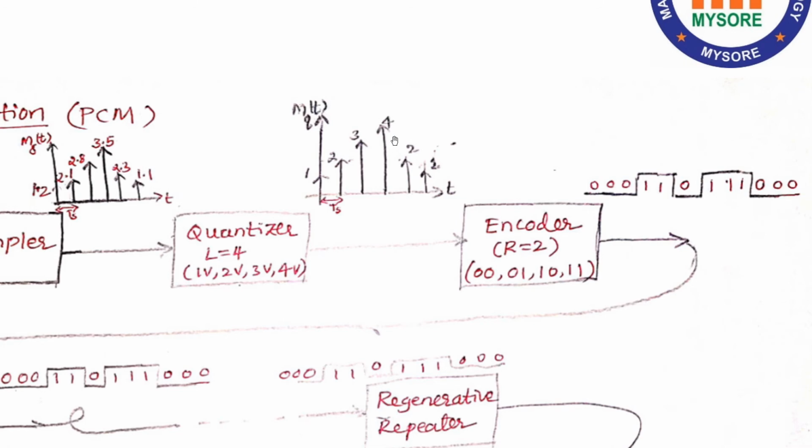And 4 volt by 1 1. So this quantized signal is now represented as 0 0, 0 1, 1 0, 1 1, 0 0, 0. So this is our pulse code modulated signal.